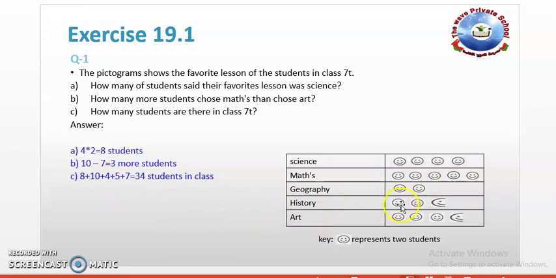And for history, 2 plus 2 plus 1. 5 students like history. And art, 2 plus 2 plus 2, 6 plus 1, 7. 7 students choose art. So just add all these values, and you can get how many students there are in class 7T. And there are 34 students in class 7T.